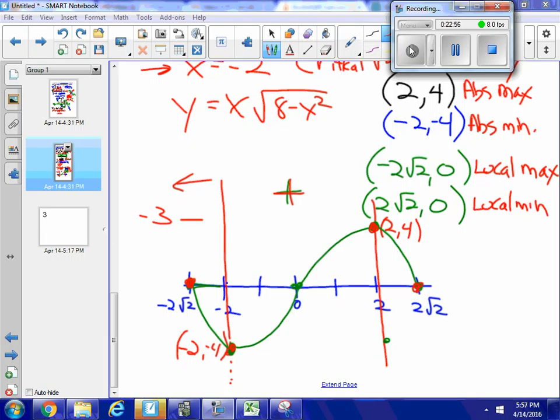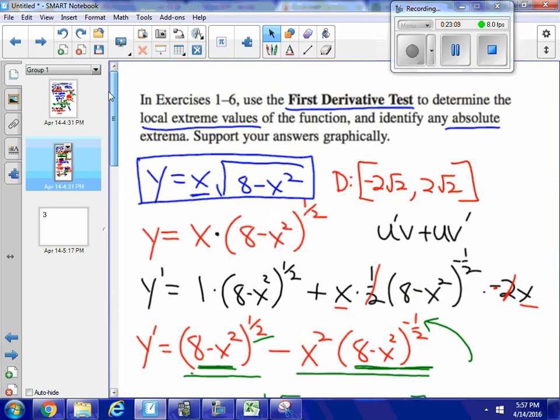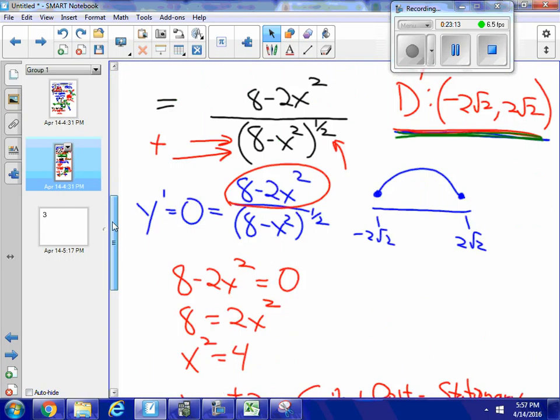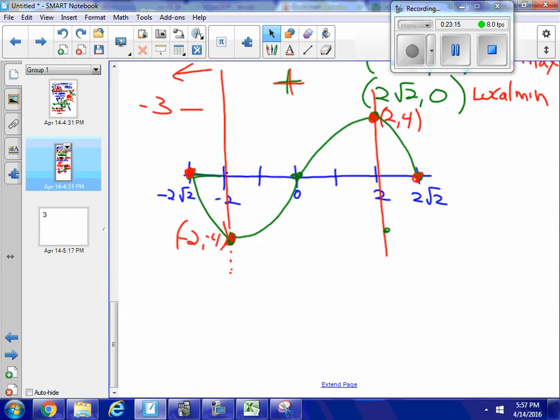So we've used the first derivative test pretty effectively. If you want to stop now, you can. I want to point out one other thing about this function. My function again is x times the square root of 8 minus x squared. So let's just write it down here.